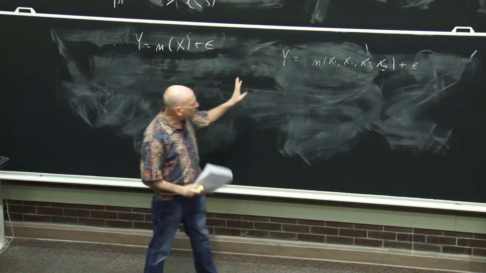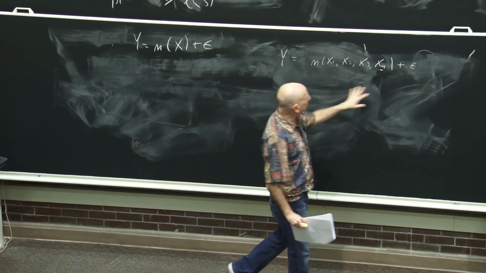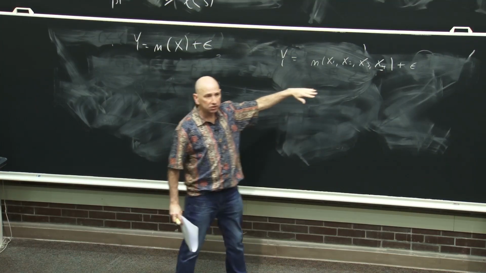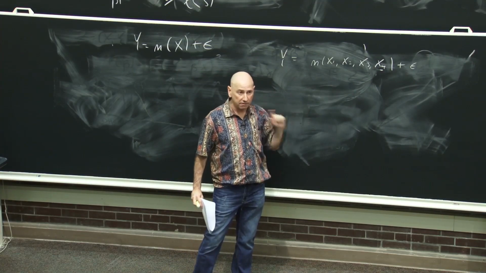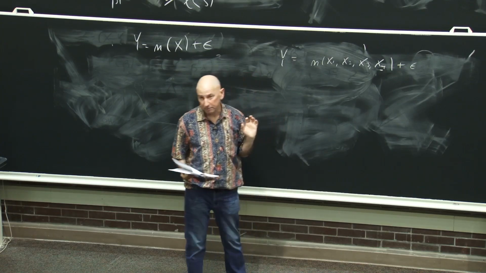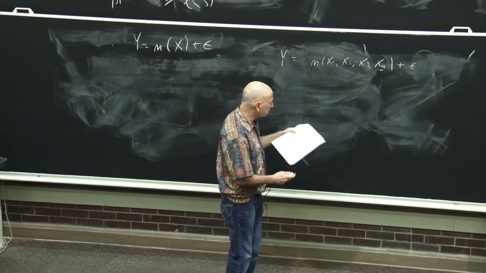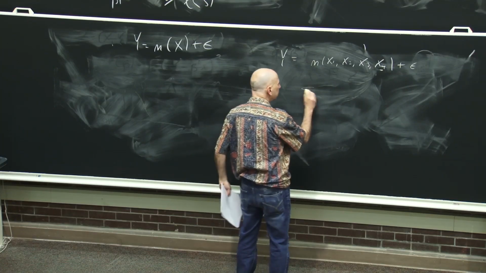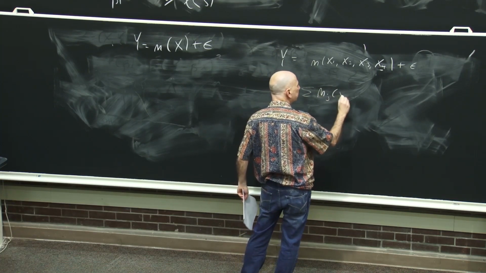We'll see that one approach would be to do a fully non-parametric thing jointly in all 4 variables. But one of the other things we're going to talk about is how to break it down into one-dimensional non-parametric regression functions, something called an additive model, which is a sum of smooth functions.